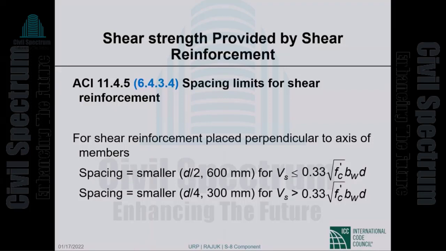So as long as V sub S is less than or equal to 4 square root of F sub C prime, the maximum spacing is D over 2 or 24 inches. When V sub S is larger than 4 square root of F sub C prime, that goes down to D over 4, but never more than 12 inches. Okay. So maximum spacing.